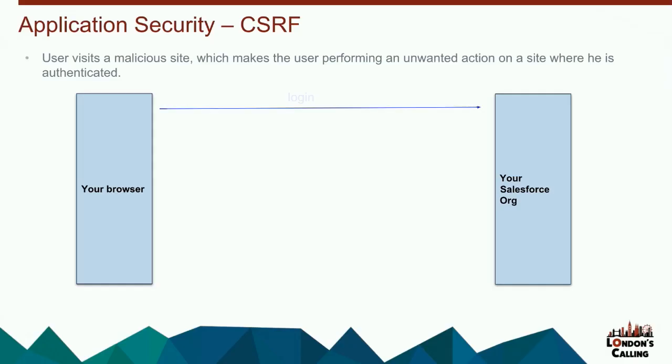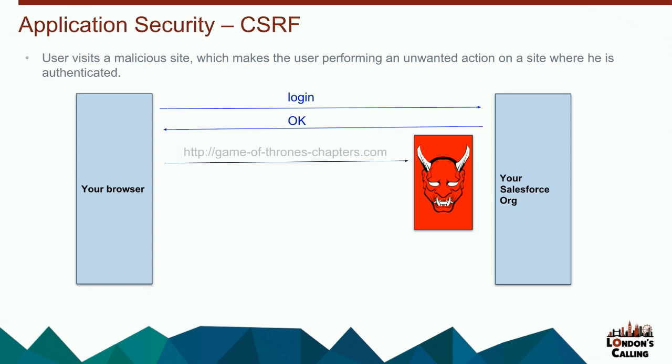With cross-site request forgery, what happens is, imagine this is your browser, this is your Salesforce org, you authenticate correctly with your Salesforce org, you are navigating there, and suddenly you visit a malicious website.